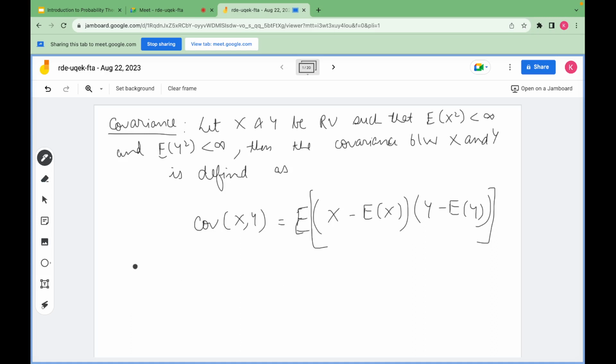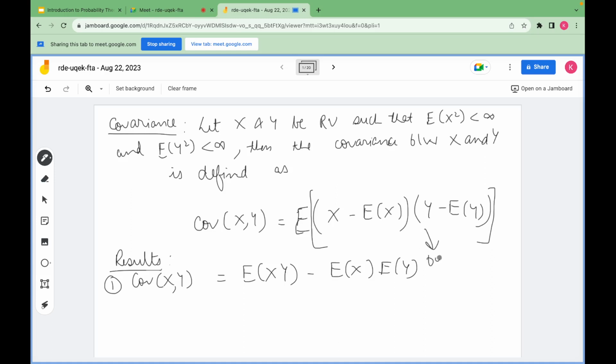So there are a few results related to this covariance. The covariance of X comma Y is nothing but expectation of XY minus expectation of X into expectation of Y. By expanding this formula we will get this result.